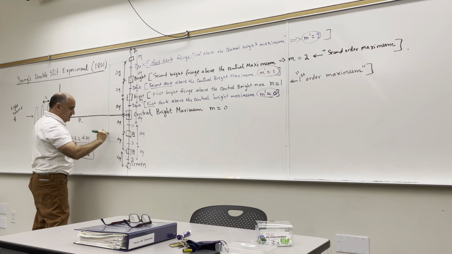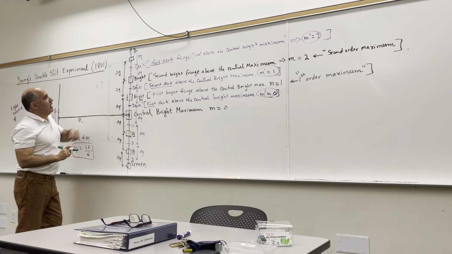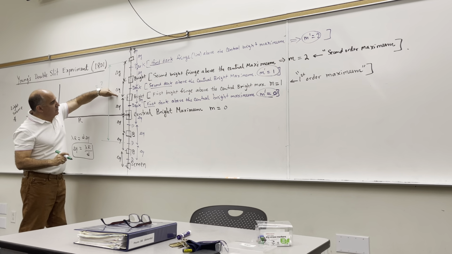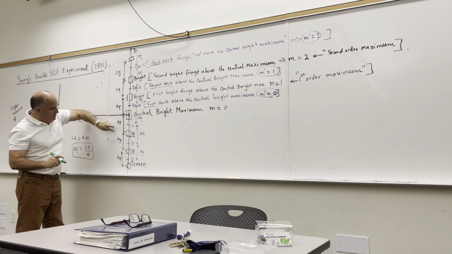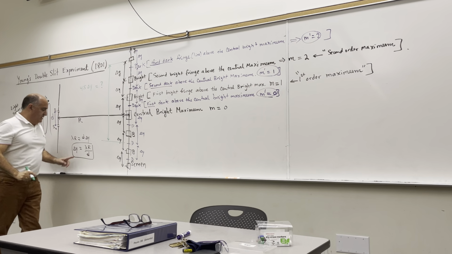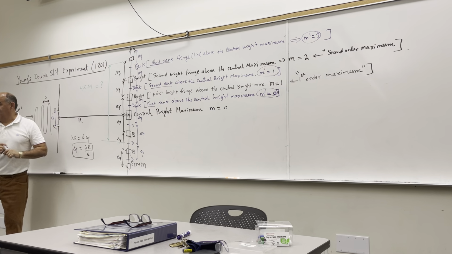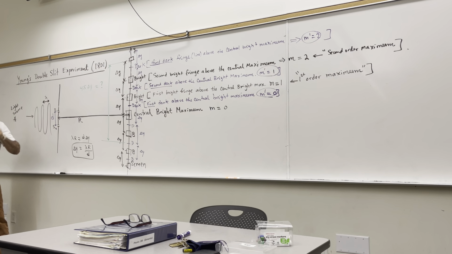What is this distance on the screen? Well, delta y, delta y, delta y, delta y, half of delta y. 1, 2, 3, 4 and a half. That's what it should be. And delta y is this. Yes? Now, you can do it mathematically, right? But you'll just have that.